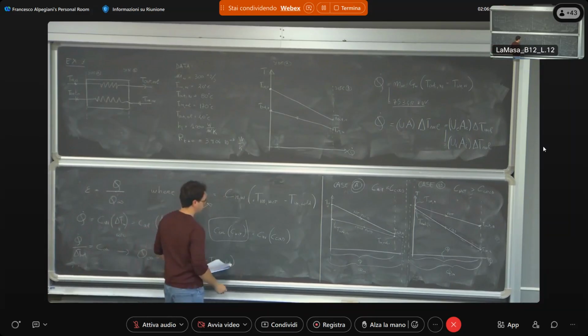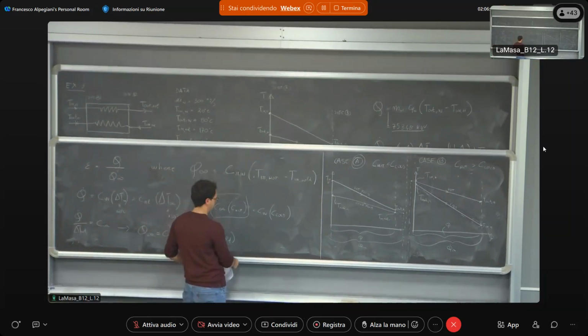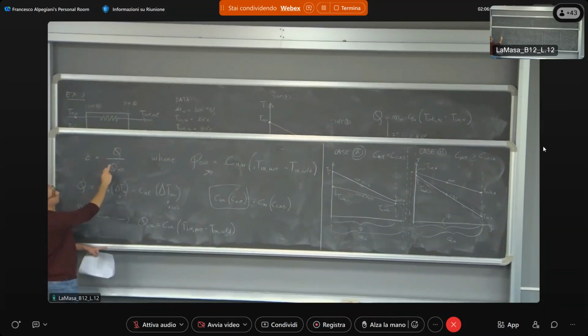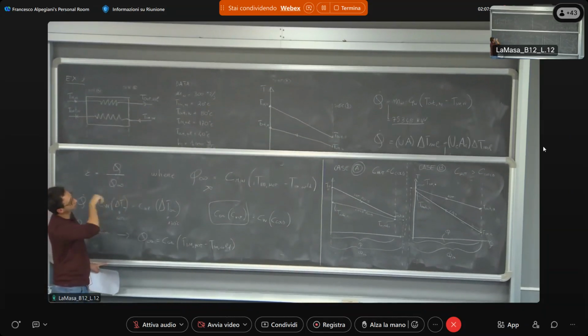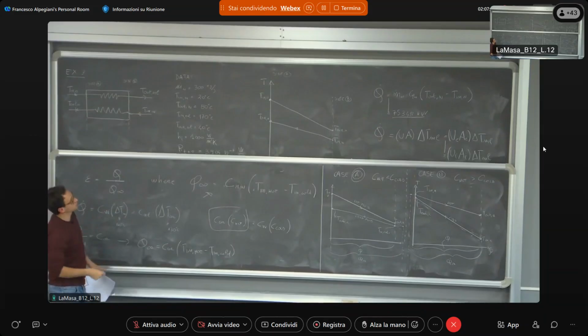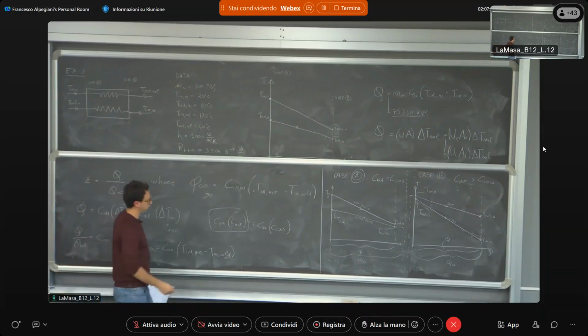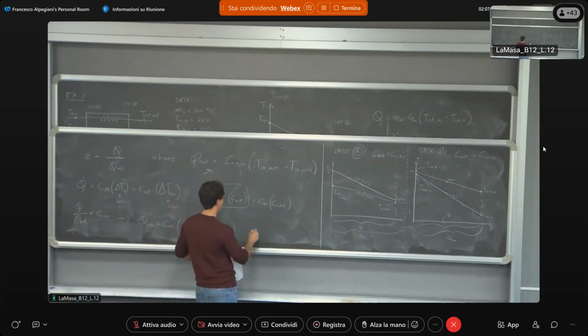And then you can evaluate the effectiveness of the heat exchanger because Q is known from before, 725,348 kilowatt. You have evaluated Q infinite, and so you can evaluate the effectiveness of the heat exchanger at nominal condition.